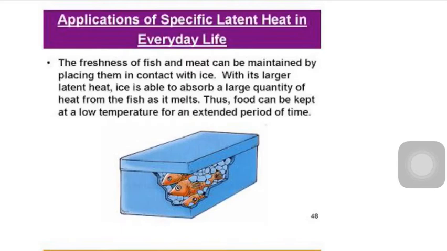And if you already know that heat flows from high temperature to low temperature, then if the change in temperature of the ice is slowed down, the change in temperature of the fish will also slow down.